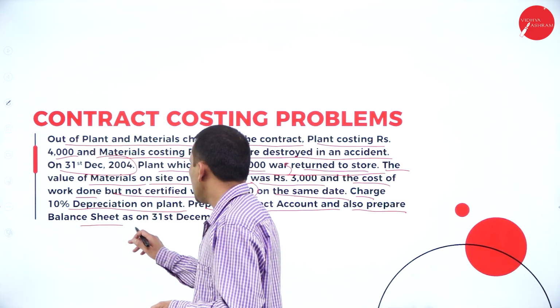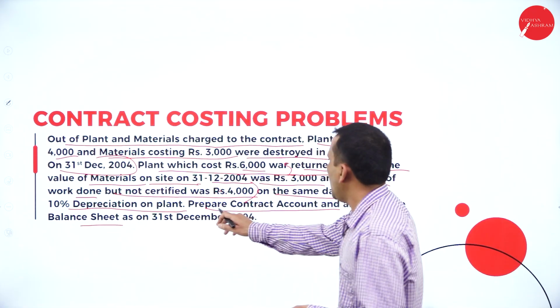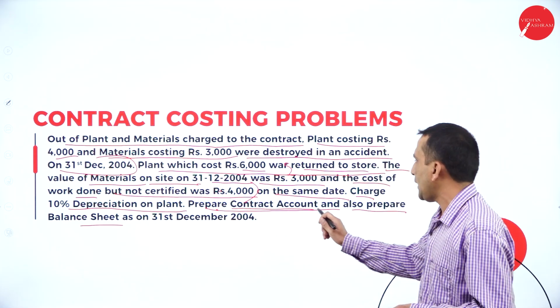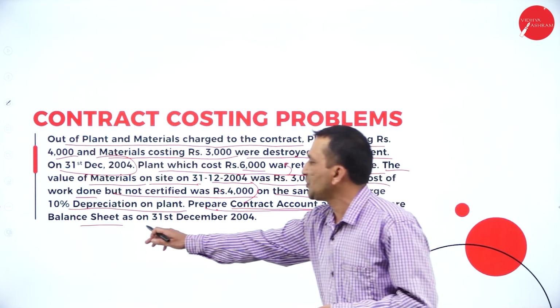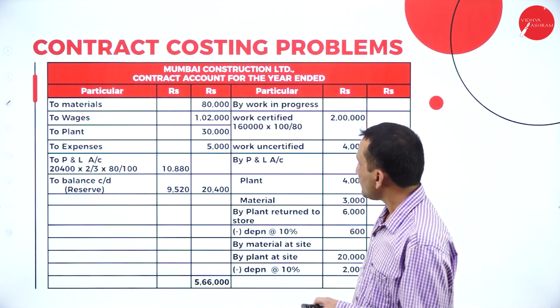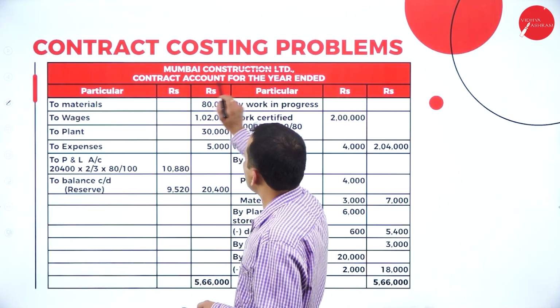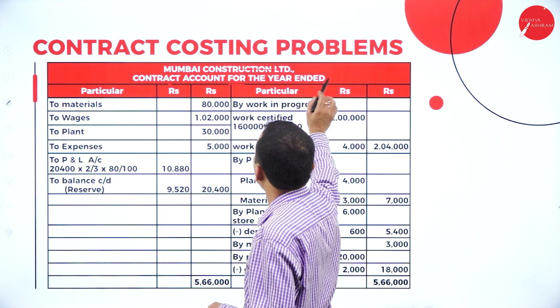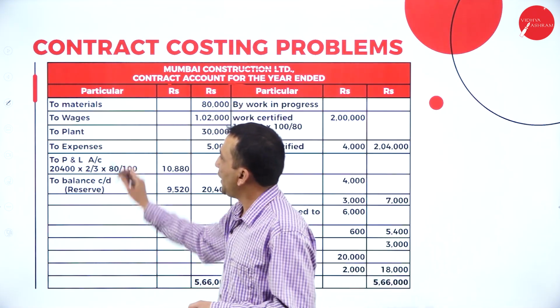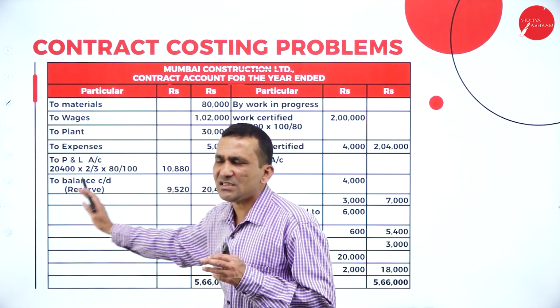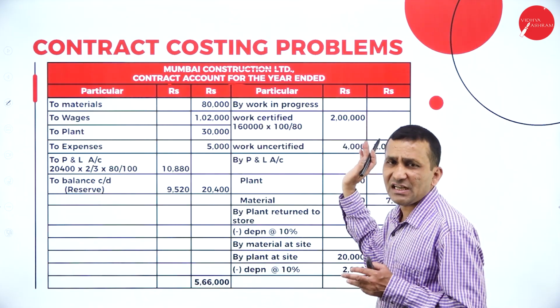Moving on, now we need to prepare the contract account in the name of the contractor, as well as the balance sheet at the end of the period. Now, Mumbai Constructions Limited contract account for the year ended 31st December 2004. Almost all the expenses are on the debit side, and the credit side is income.